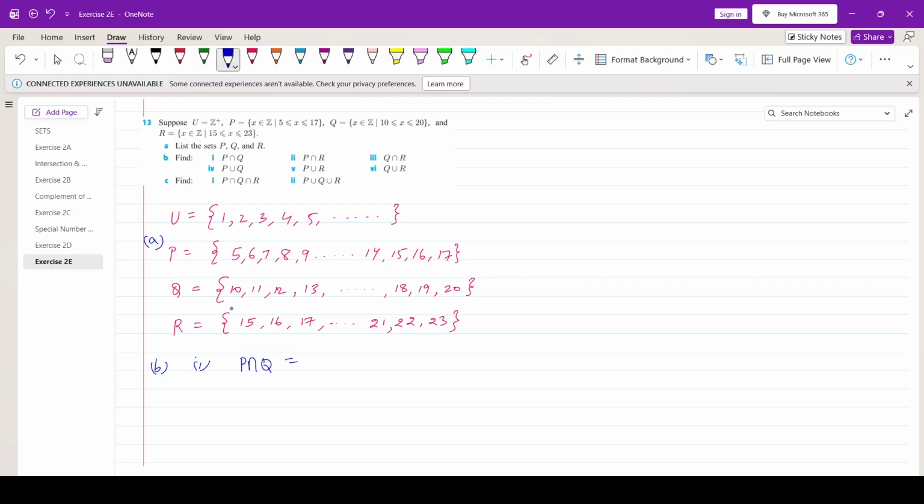The numbers are 5, 6, 7, 8, 9, 10, 11, 12, 13, 14, 15, 16, and 17 in P, and 10, 11, 12, 13, 14, 15, 16, 17, 18, 19, and 20 in Q. So the common part is from 10 to 17. That means P intersection Q is 10, 11, 12, 13, 14, 15, 16, and 17.